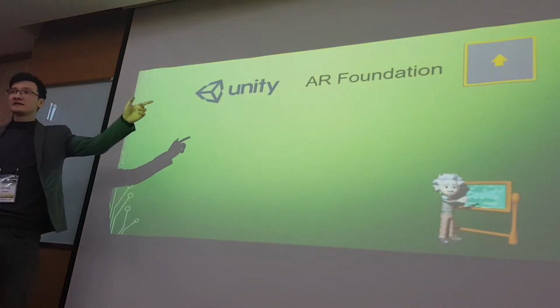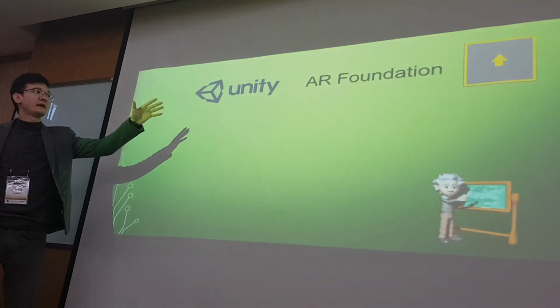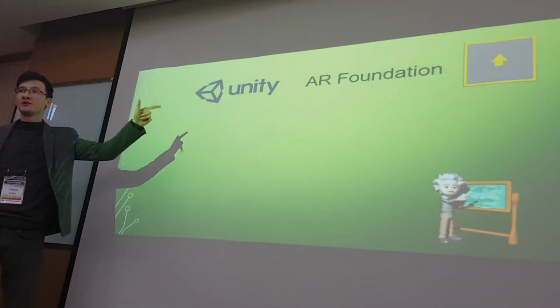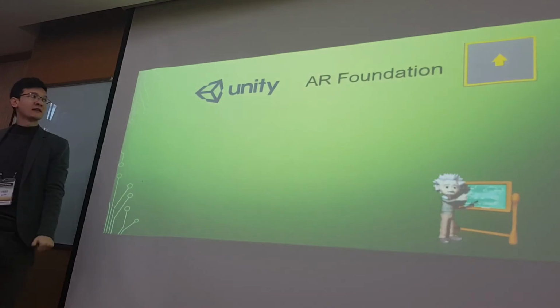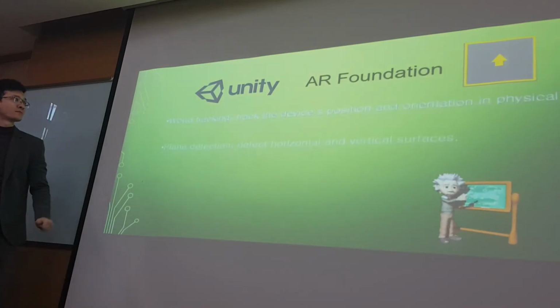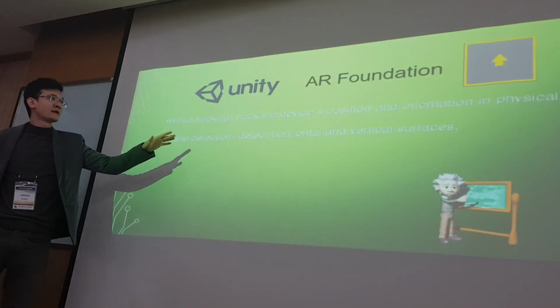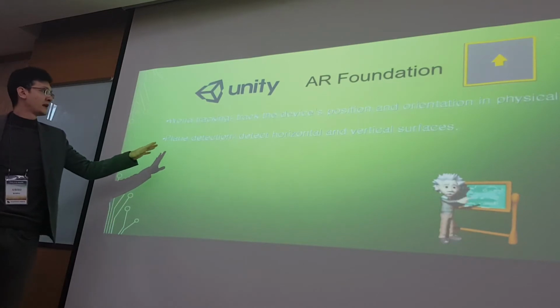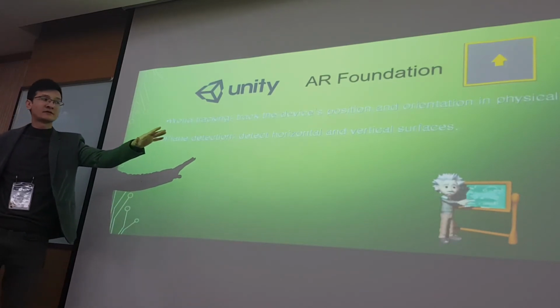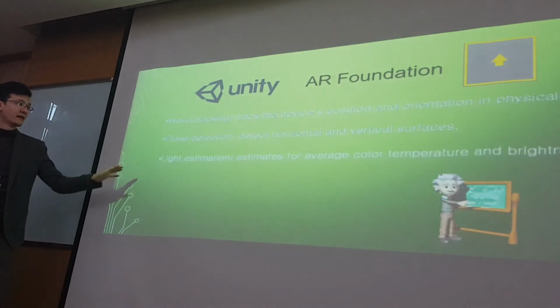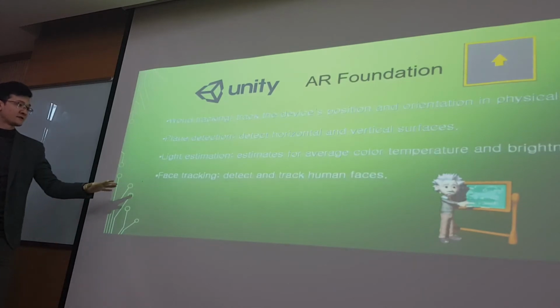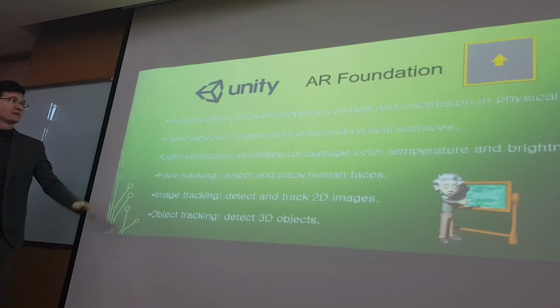In order to make this placement indicator, we used the AR Foundation package in Unity. This package allows world tracking of the device position, and plane detection, detecting horizontal and vertical surfaces, light estimation, face tracking, image tracking, and object tracking.